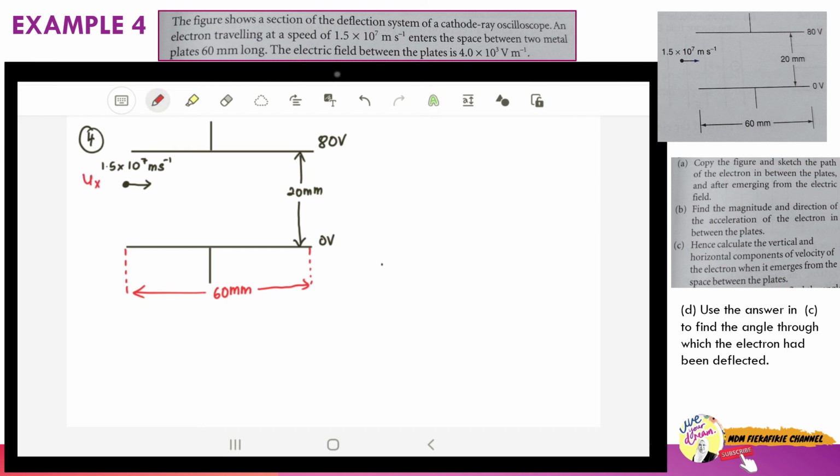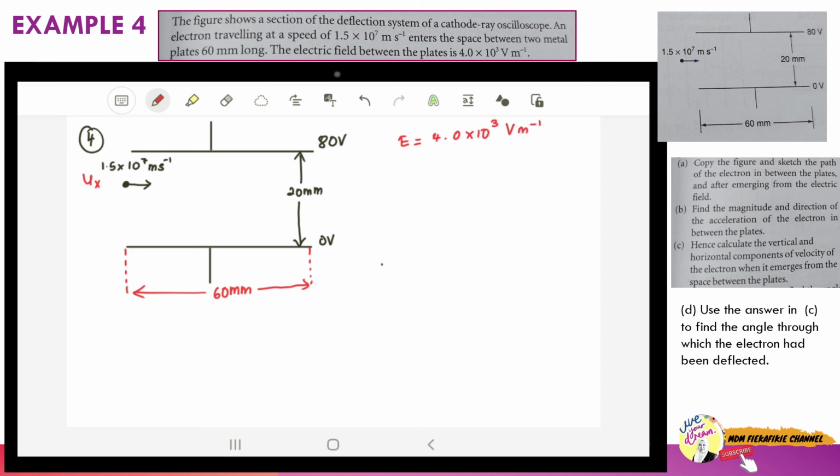The electron enters the space between two metal plates where the length of the plate is 60 millimeter. Given that the electric field between the plates, E, is 4.0 times 10 power of 3 volt per meter.